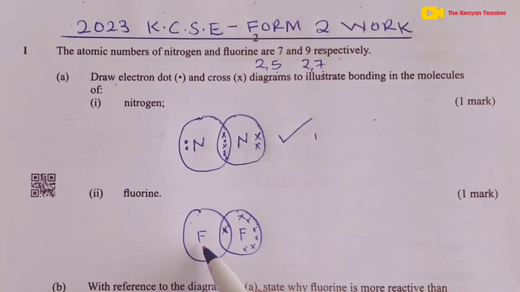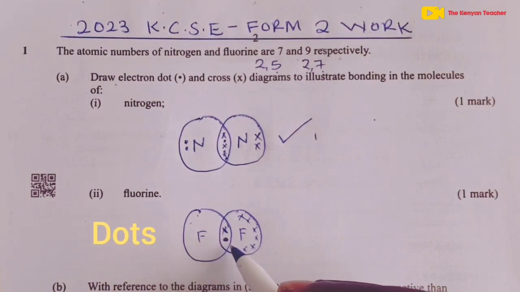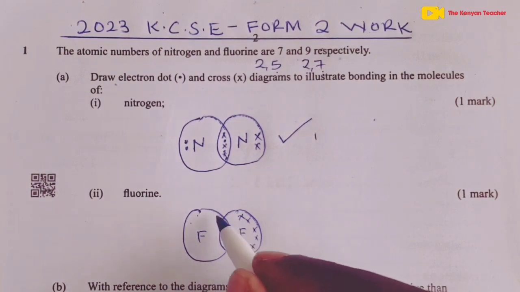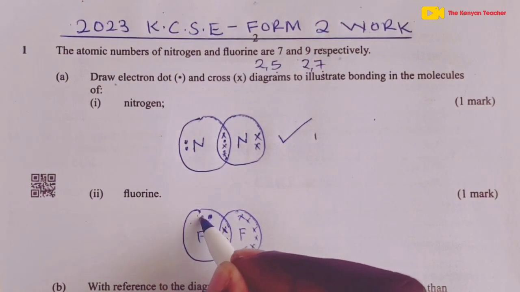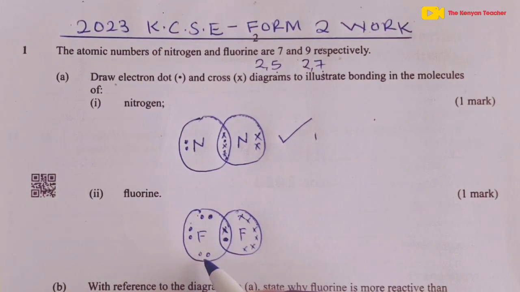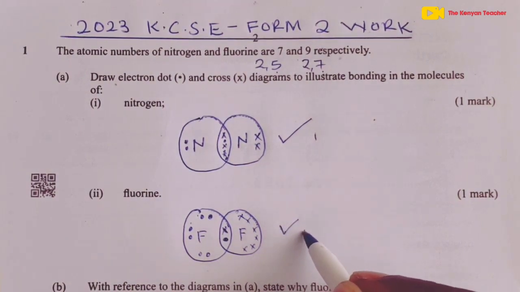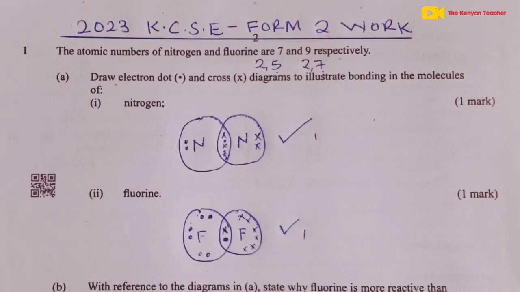For the atom on the left, if we let dots be its electrons, 1 would be used for bonding and the other 6 would remain unbonded. So this now becomes the dot and cross diagram to represent bonding in fluorine molecule F2 for the next mark.